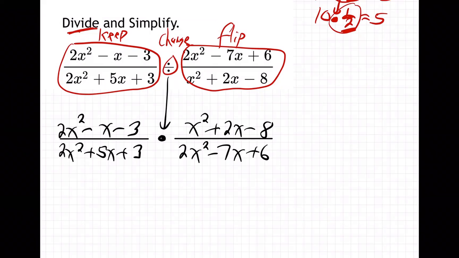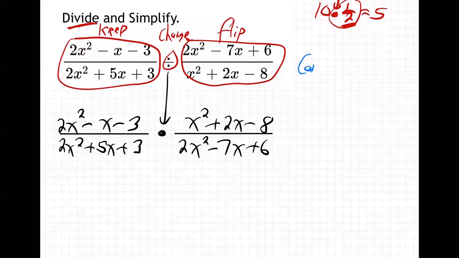Now we can cancel. So now how do we cancel? Can I just go, yeah, 2x squared and 2x squared, x cancels x, these 3's cancel, x squareds cancel? No, that's all garbage. That's all baloney. Why can't we do that? What's wrong with that? It looks great, but we cannot cancel added, subtracted items.